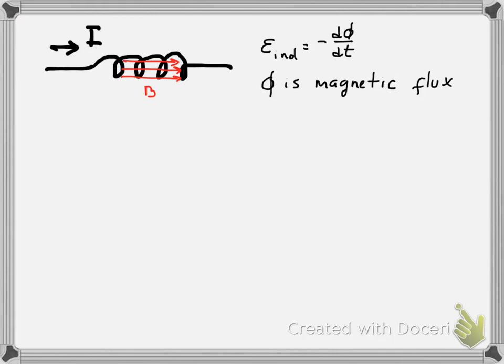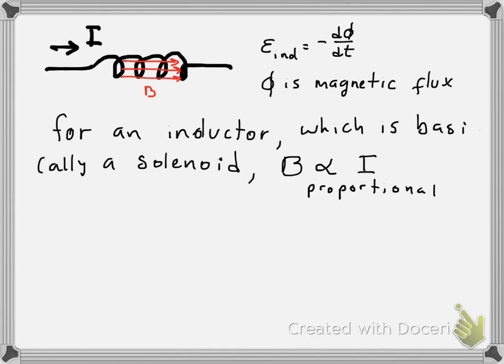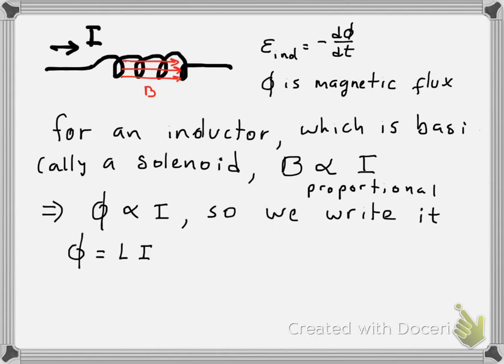The induced voltage has a value of minus dΦ/dt, where Φ is the magnetic flux going through this inductor. An inductor, which is basically a solenoid, would have a magnetic field inside of it proportional to the current. Therefore, the flux going through the inductor would also be proportional to the current.